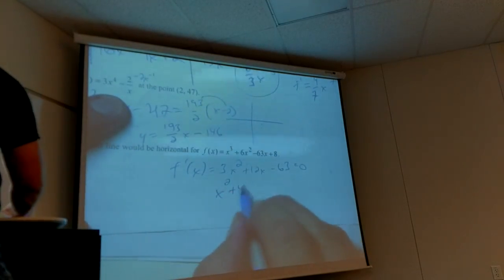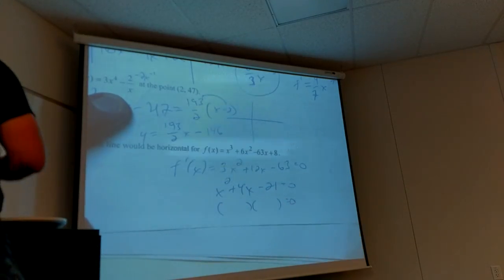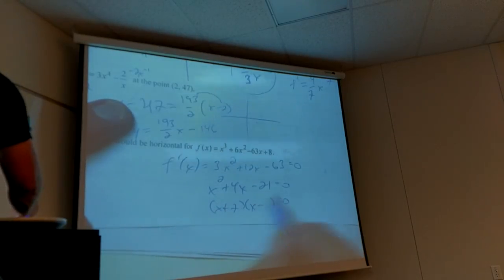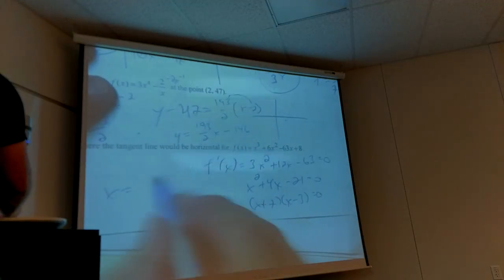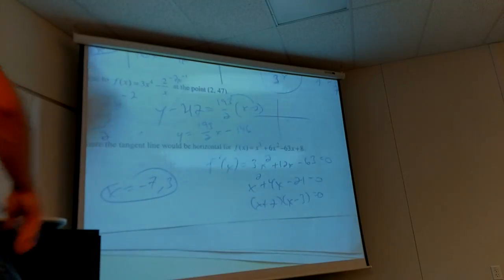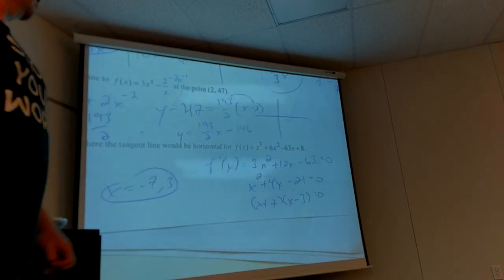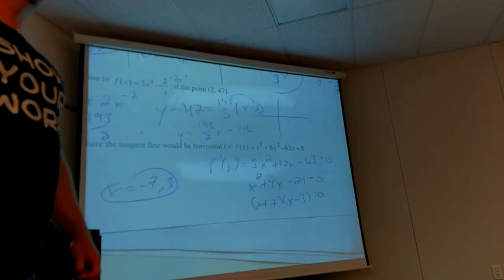Yeah, make all my stuff smaller, then I can factor this thing. Plus 7 minus 3. So we get x equals -7 or 3. Those are the two places where it's a horizontal tangent line. So they could be max and min.